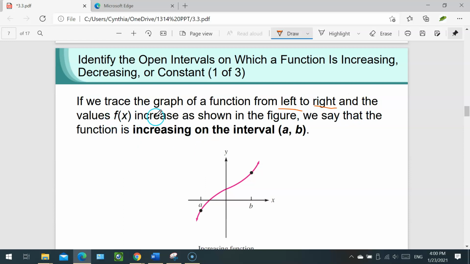When the value f of x increases as shown in the figure, we say that the function is increasing on the interval a, b. So from a to b on the x-axis, if you look at the curve of the graph, it's going up, right? There's no going down interval. So from a to b, they are all increasing. And keep in mind, we always go from the left toward the right.